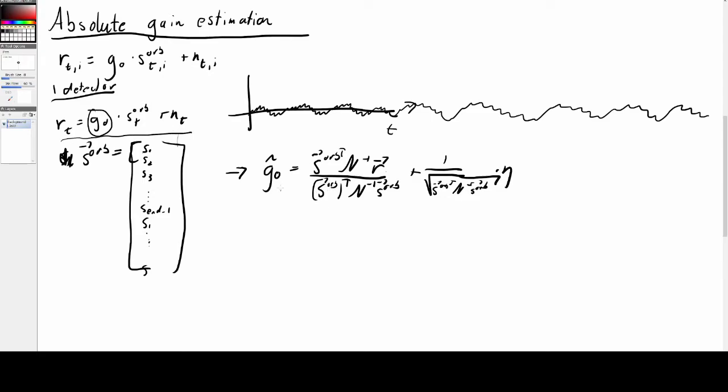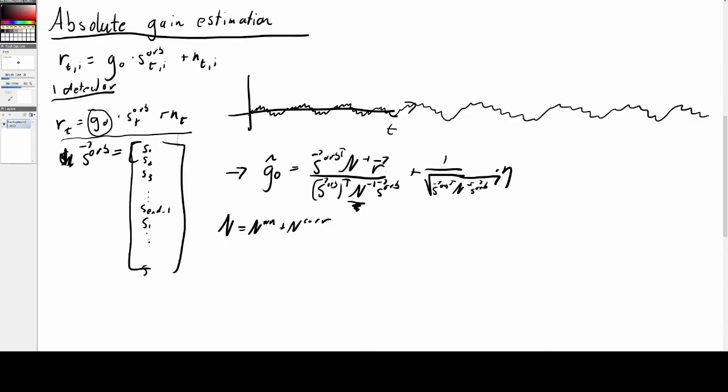And what we need to have a look at now, which is the non-trivial part of this, is what does the noise covariance matrix look like here? Because we know in general that this N is equal to the white noise covariance matrix plus the correlated noise covariance matrix.